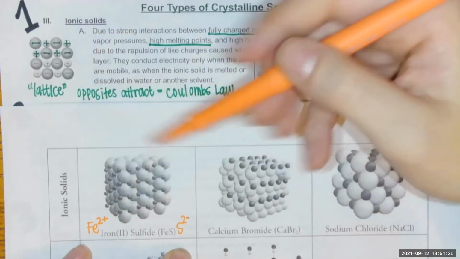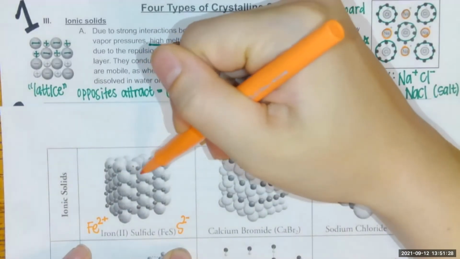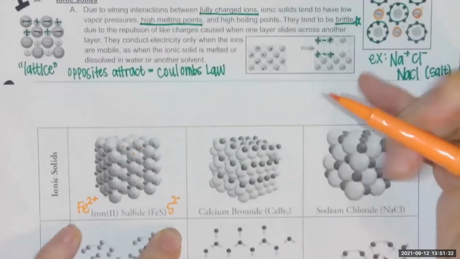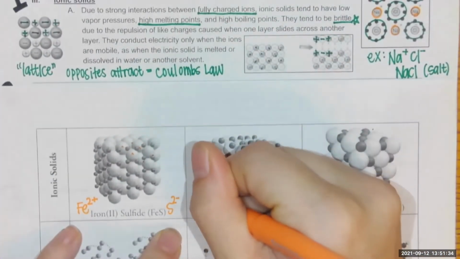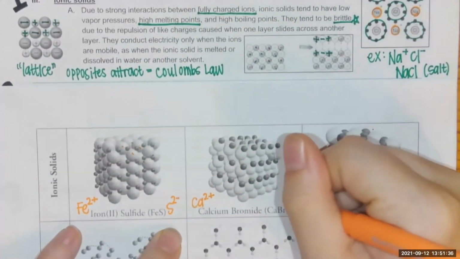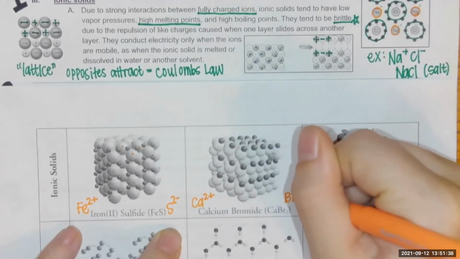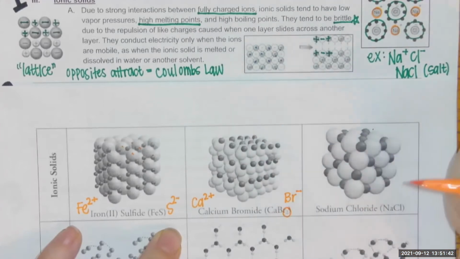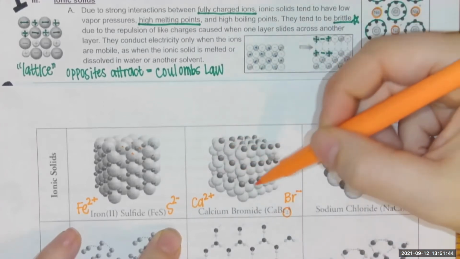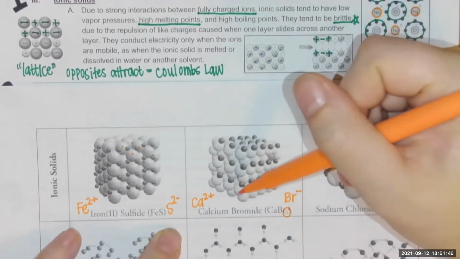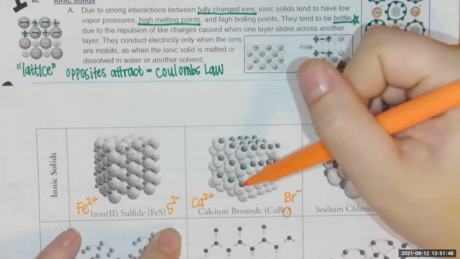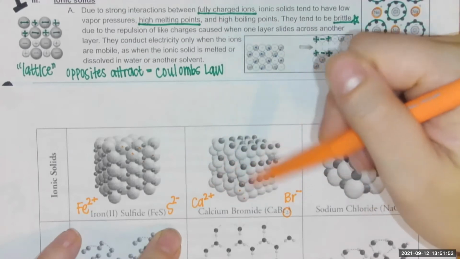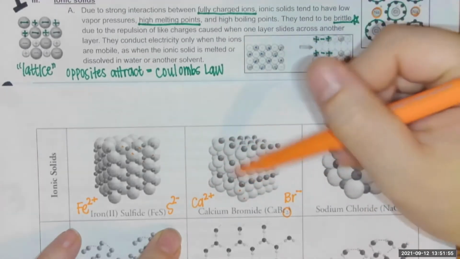So it comes together in this checkerboard pattern. Calcium is in the 2 plus column. Bromine is in the 1 minus, so we're going to need twice as many of him. Notice that that's present in the picture here. We have twice as many bromines for every calcium, but it's still following like a modified checker pattern.